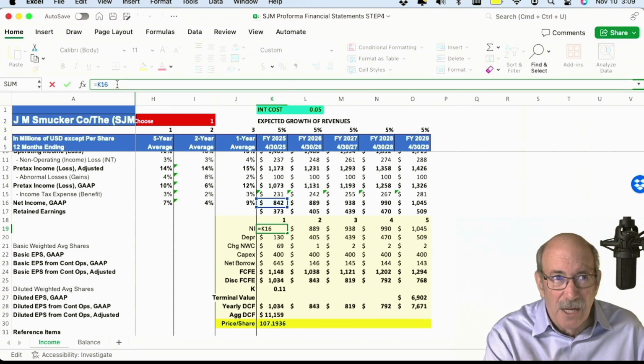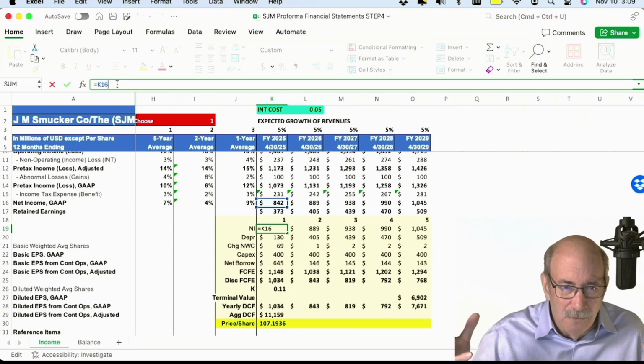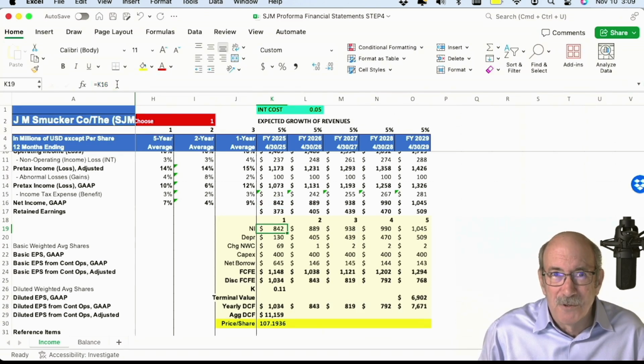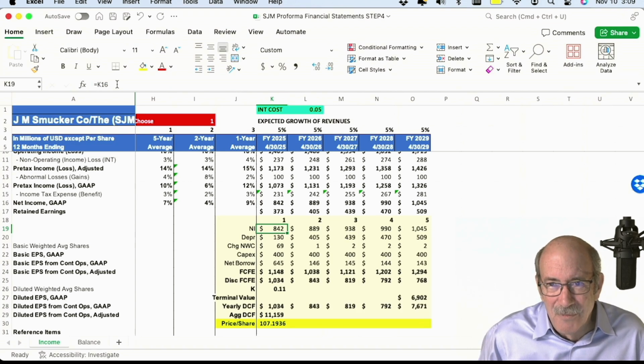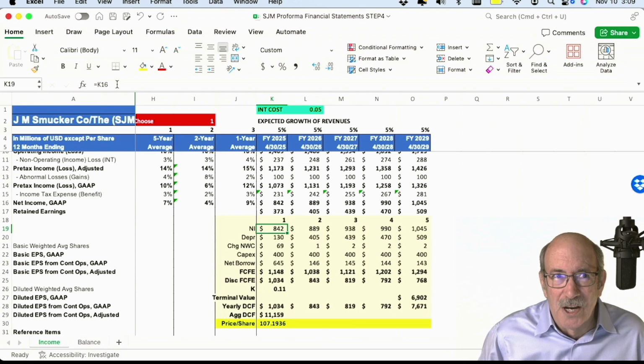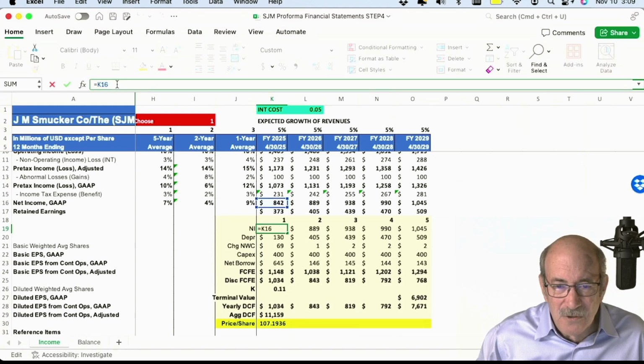You don't have to go back in and go, oh, wait a minute, I hard coded this number in so it's not updating my free cash flow. Well, why would you hard code that in? Just make it a formula. That's why we have spreadsheets, right? I say that only because I've seen that happen so many times on prior assignments. But make sure these are all formulas. So this particular one just references net income right up above it.